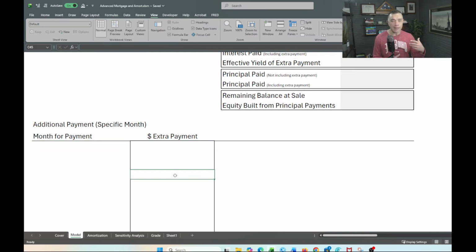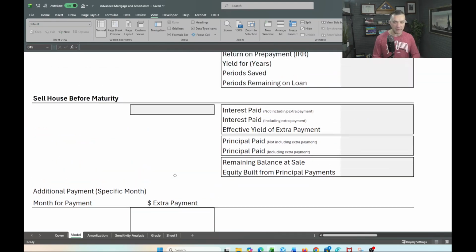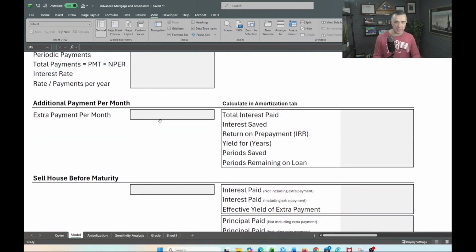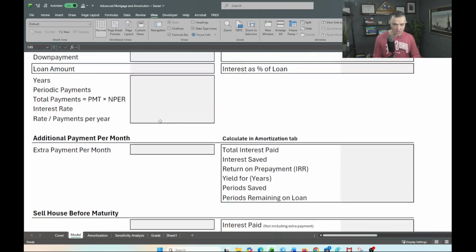What if we say, or a quarter, depending on what it is, we'll say this is monthly payments. What if we do $10,000 in the third month? How much are we really making by the interest we save? And then what if we sell the house before maturity? How much interest do we really save? We're going to do all that in this example.